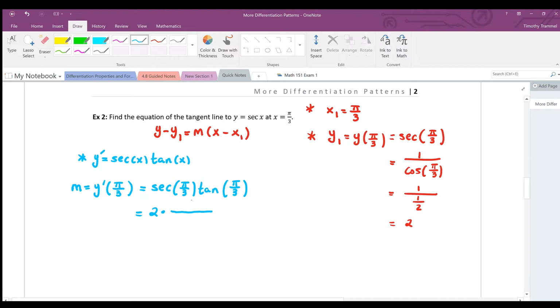Okay, and so sine of pi over 3 is the square root of 3 over 2. And cosine of pi over 3 is 1/2. And so if we simplify this, we just end up with a 2 here still, and then times the square root of 3.